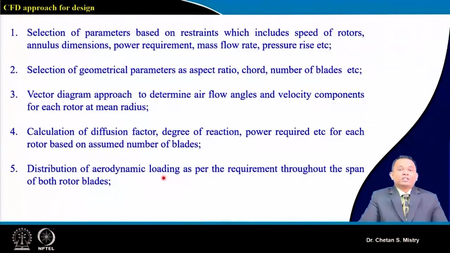For the current design, we have taken a highly loaded rotor 1. We were expecting a pressure rise of 1100 Pascal for rotor 1 and 900 Pascal for rotor 2. So the total expected pressure rise from this counter rotating stage was 2000 Pascal.